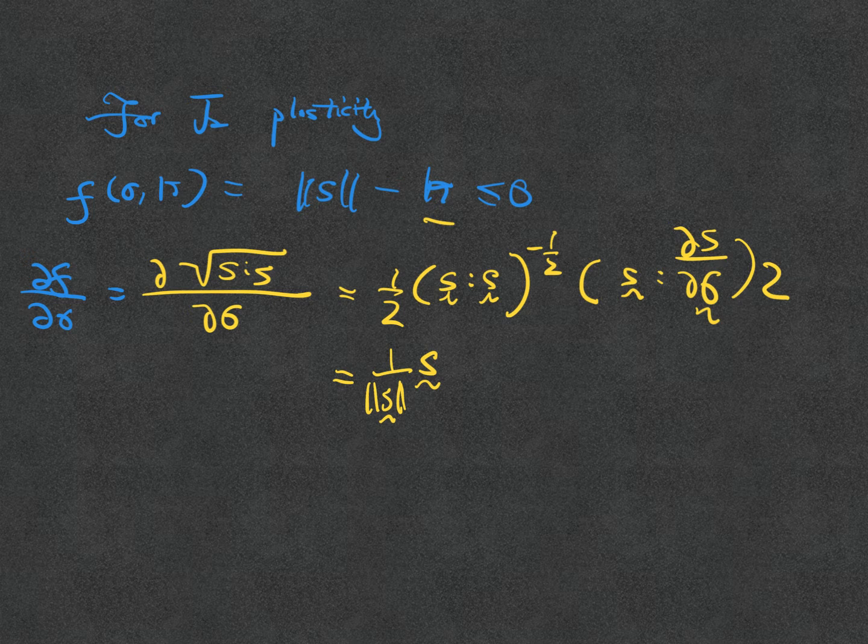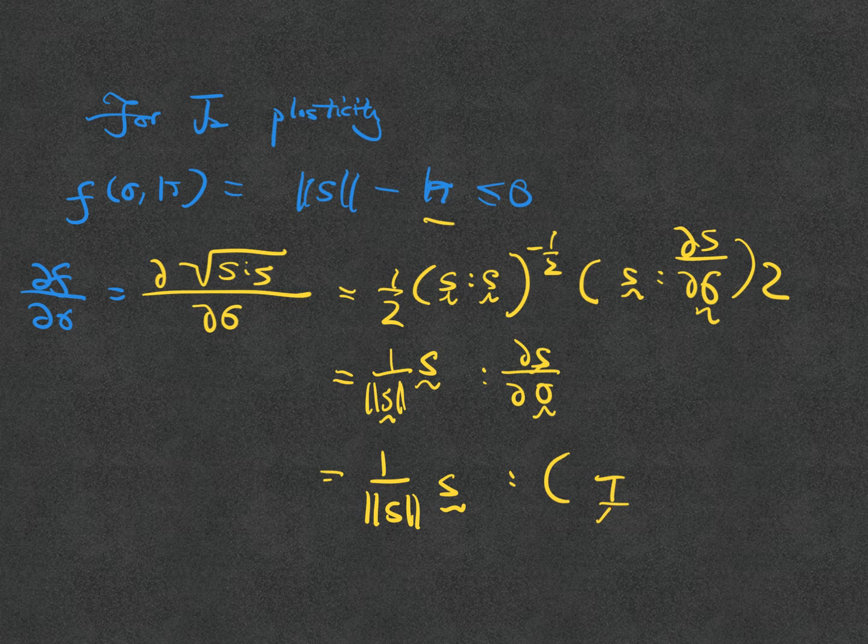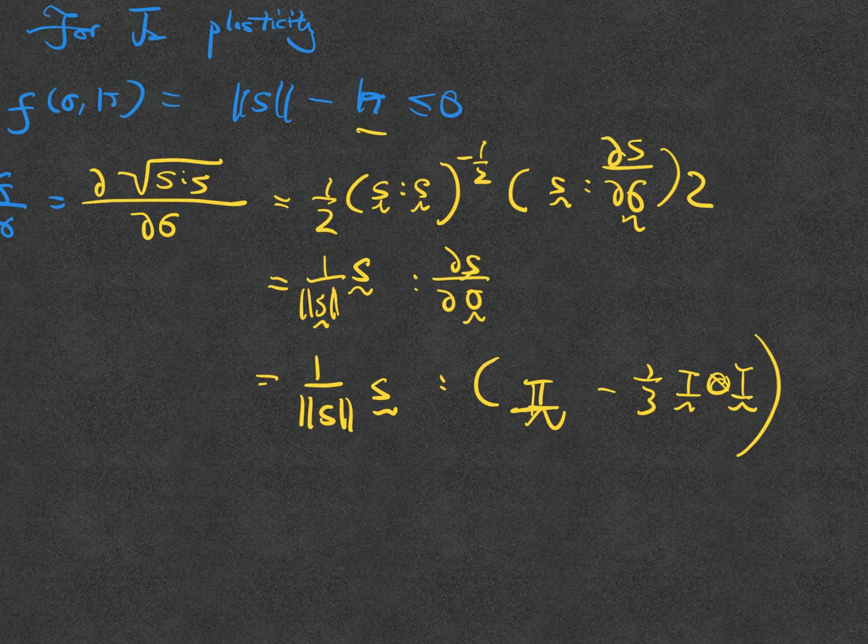Double dot the partial derivative of the deviatoric stress with respect to the total stress, which is simply equal to the direction of the deviatoric stress, double dot the fourth order identity tensor minus 1/3 identity tensor times the tensor product of the identity tensor.